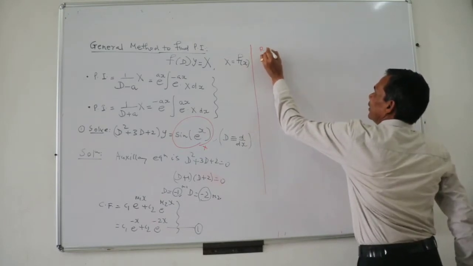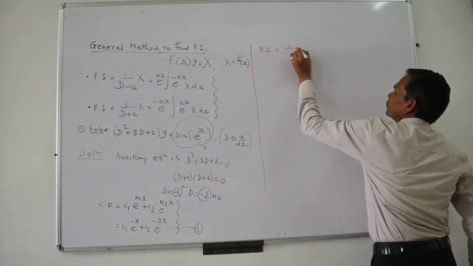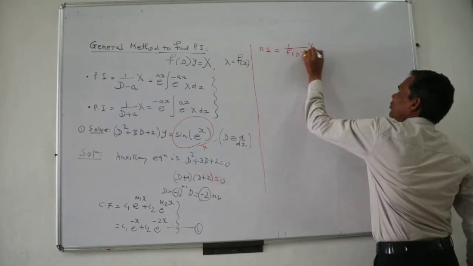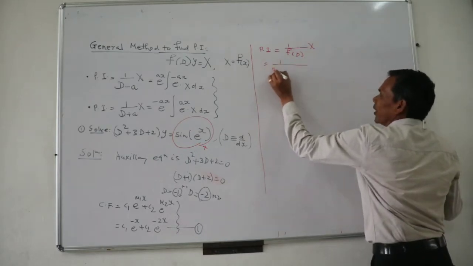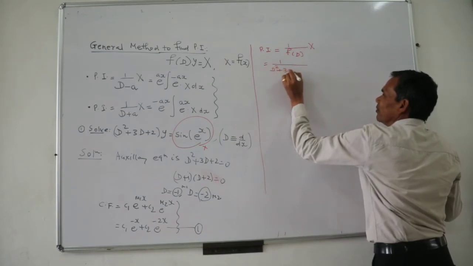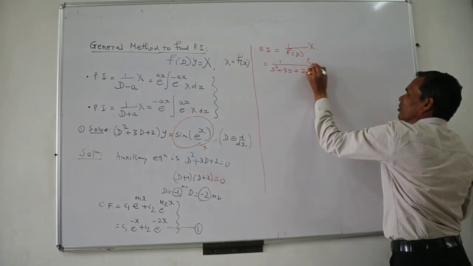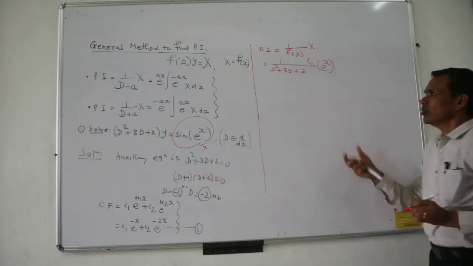The particular integral is equal to 1 upon f of D operated on capital X. So f of D, I take as D square plus 3D plus 2, operated on capital X, meaning sine of e raised to x.